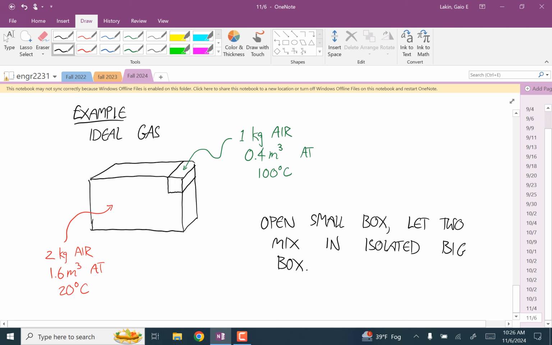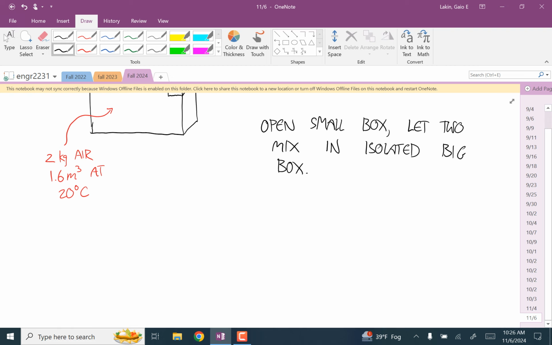And we want to do the same things we did before. First, calculate the equilibrium temperature. And second, determine the direction that this would happen.